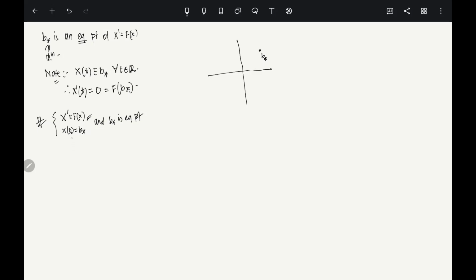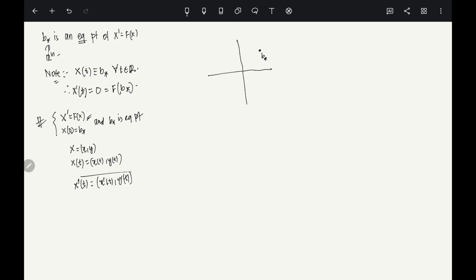Let's say this is in 2 dimensions, a 2 cross 2 system. So capital X is small x and small y, and capital X is a function of t, so it is small x of t and small y of t. This particle moves, and the rule is x prime of t, which is small x prime of t, small y prime of t. So basically, the tangent is given by the vector field.